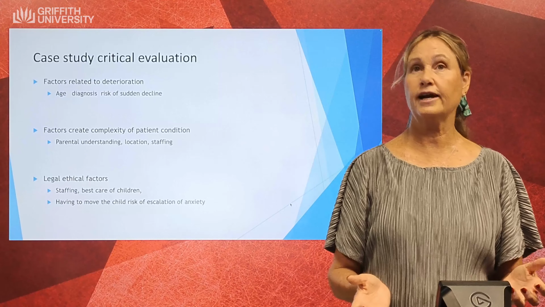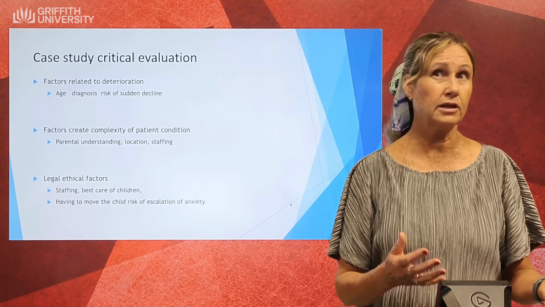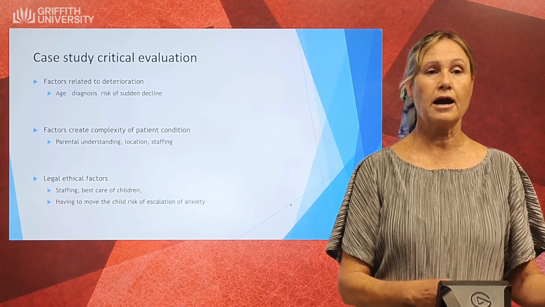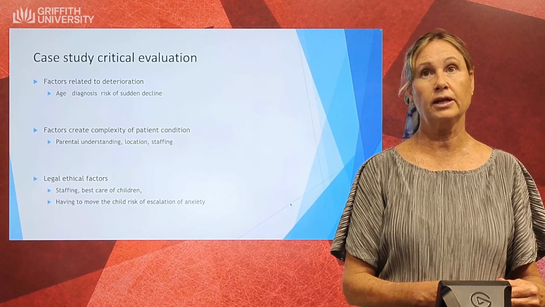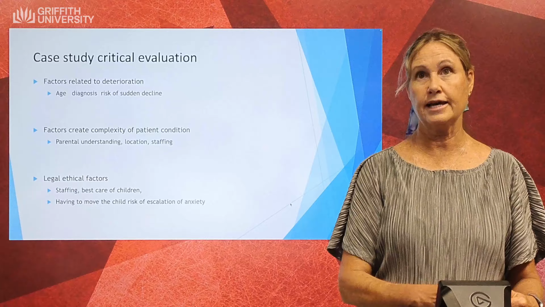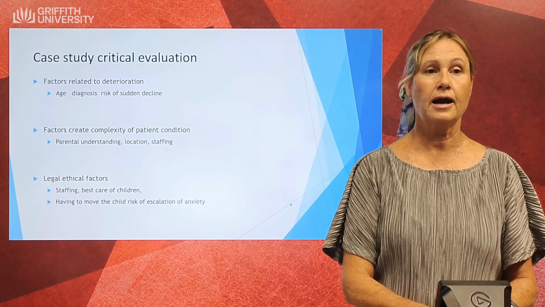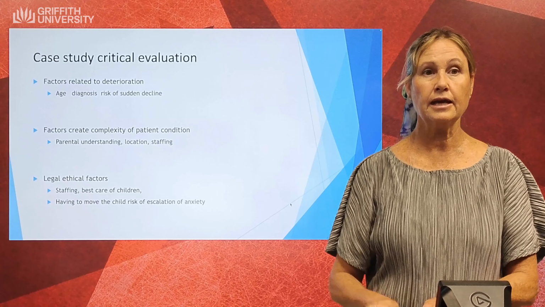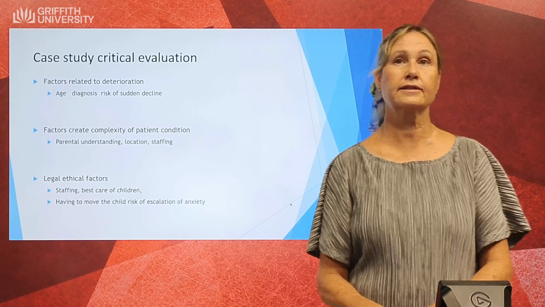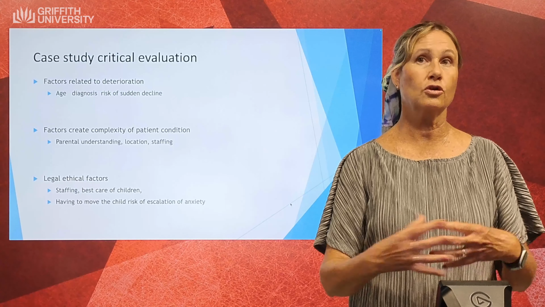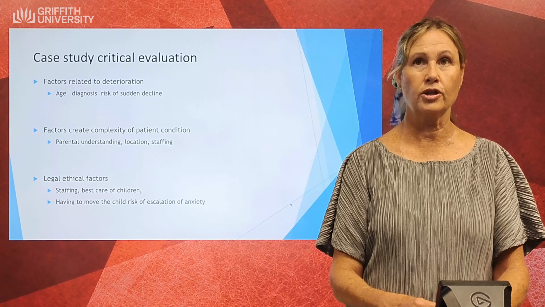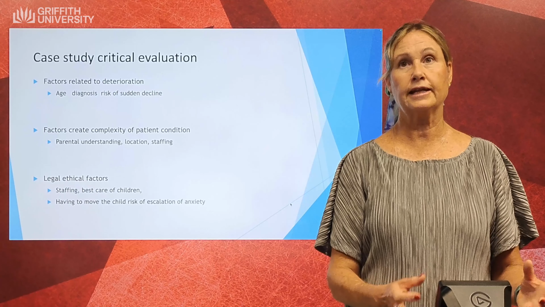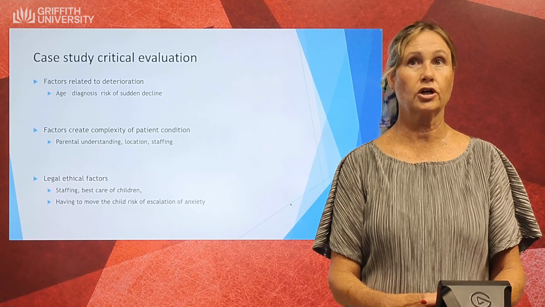Legal and ethical factors were staffing, that they didn't meet the best care and ratios for children, and then the inability to actually escalate correctly, and then with the parental understanding, and the risk of the child's escalation and anxiety. So all factors which were then not correctly followed, which led to the death of this child.